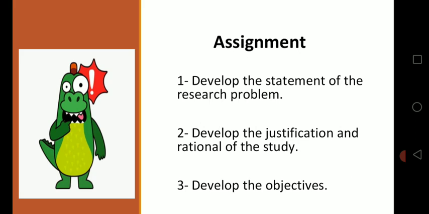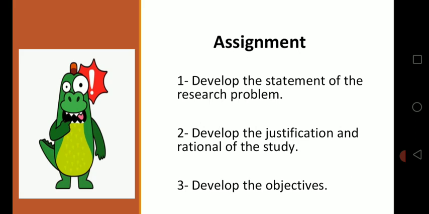يلا we will develop the statement of the research problem for your study اللي هو we are continuing to formulate the sections of the proposal اللي هو the section following the introduction and the literature review هو the statement of the research problem وشوفنا بنعملها كيف.